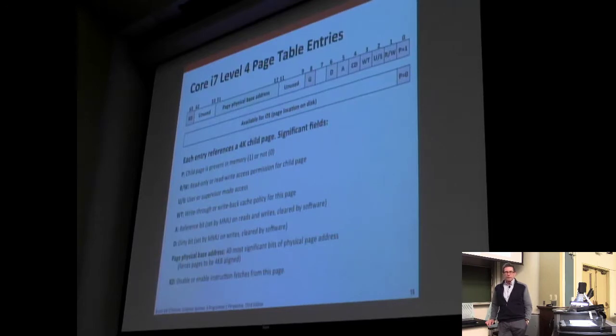The user/supervisor mode determines whether you can access that page. If it's set to supervisor mode, only the kernel can access anything on that page. If it's set to U, then any user code and kernel code can access that page. Any other questions?